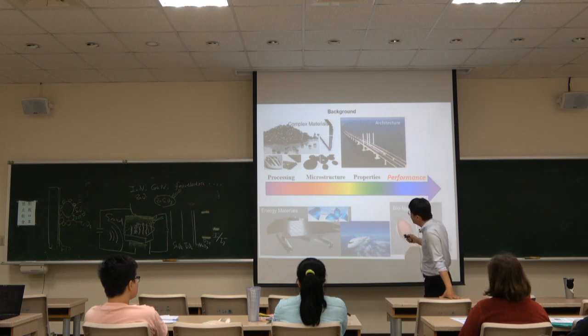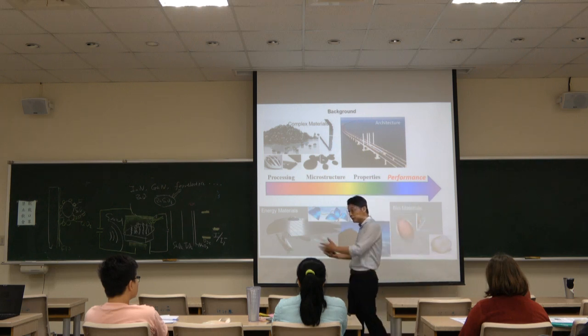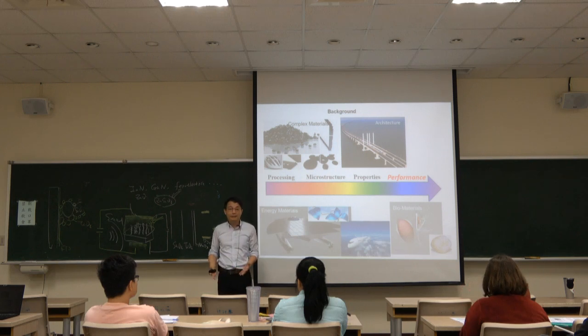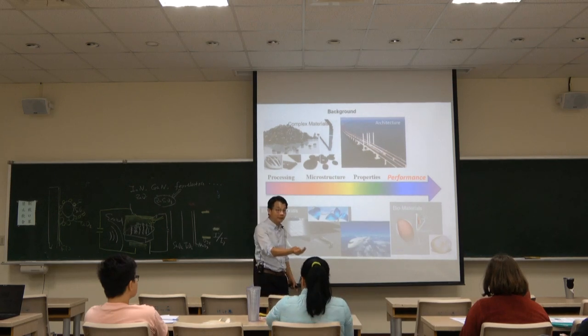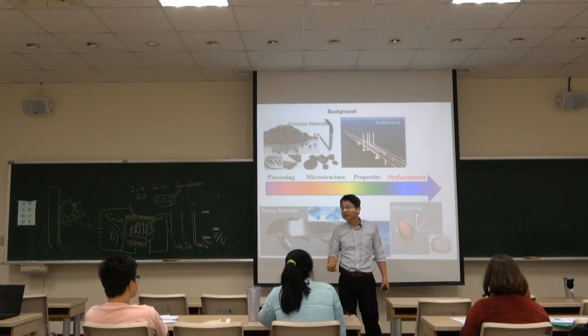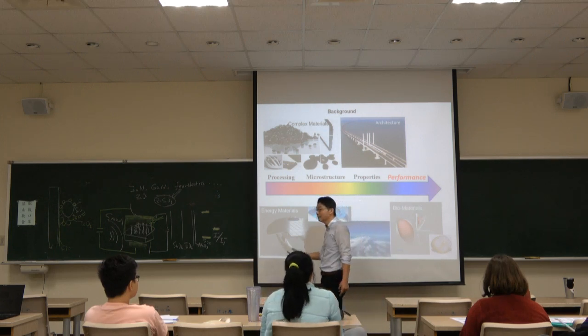And this microstructure will determine the property, because different microstructures have different properties. So you have a lot of properties in the materials. You have the optical property, the magnetic property, the thermal property, and what else?